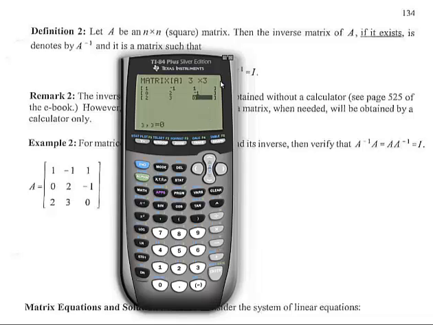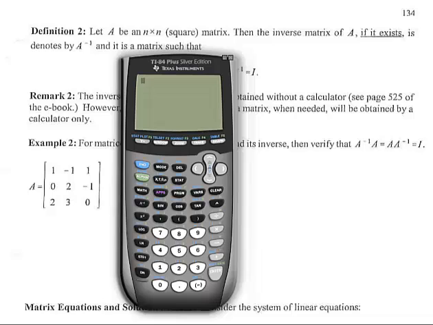Okay. We'll hit second quit, go back to the main screen. So we're going to rely solely on our calculator to find the inverse matrix in this section.